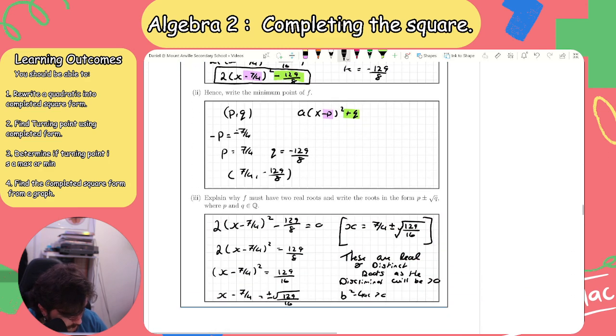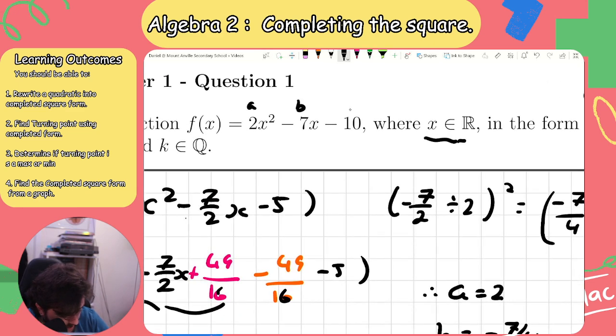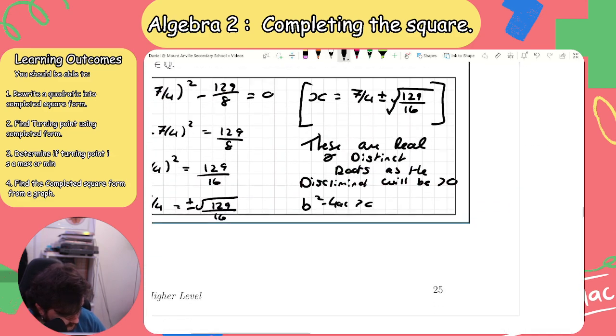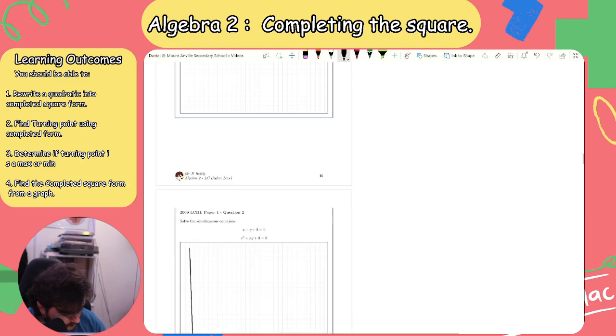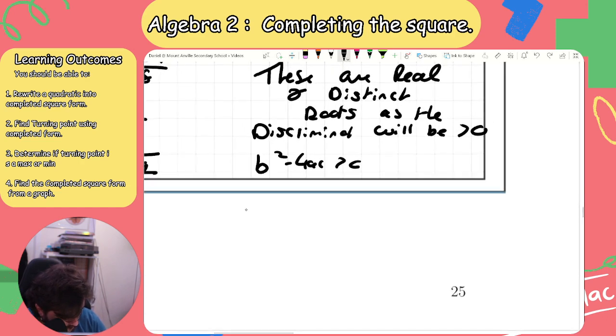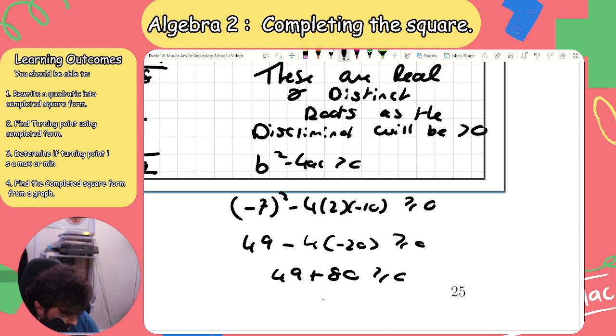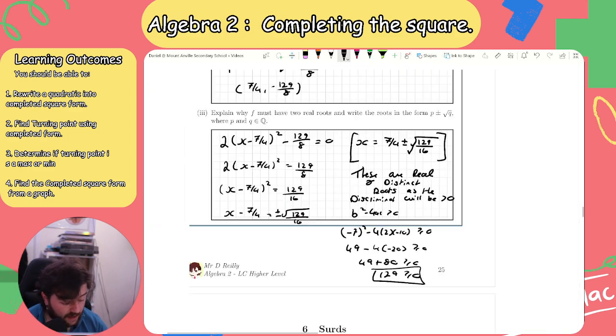So minus 7 is b, 2 is a, minus 10 is c. So minus 7 squared minus 4 times 2 times minus 10 is greater than or equal to 0. 49 minus 4 times minus 20 is greater than 0. 49 plus 80 is greater than or equal to 0. 129 is greater than or equal to 0. Yes, it is. Therefore, they are real and distinct.